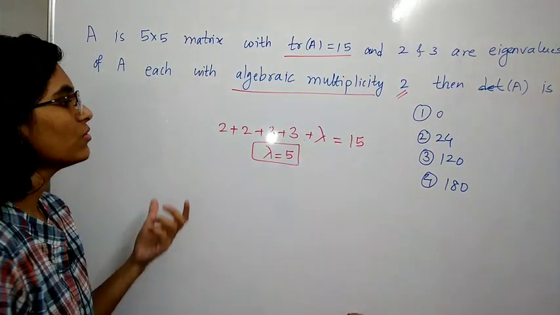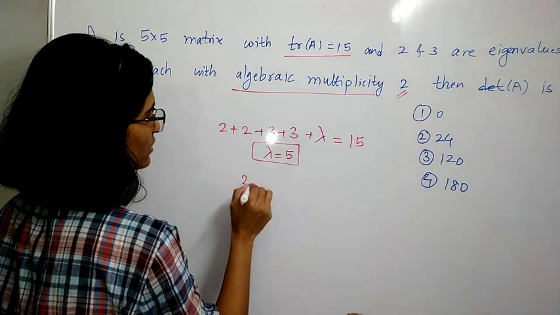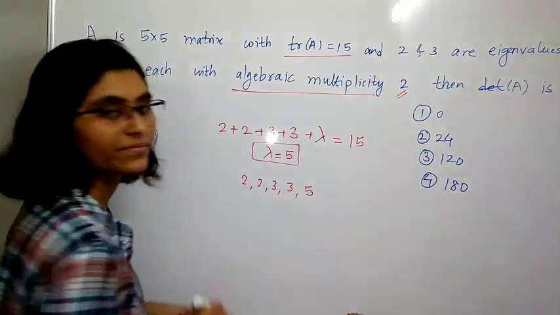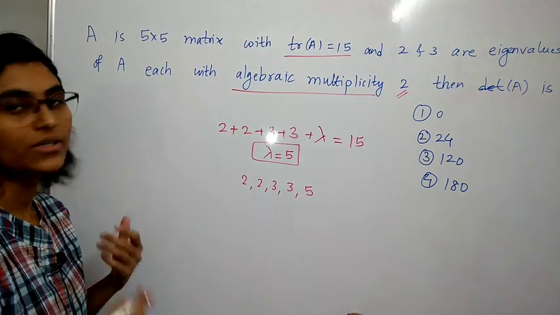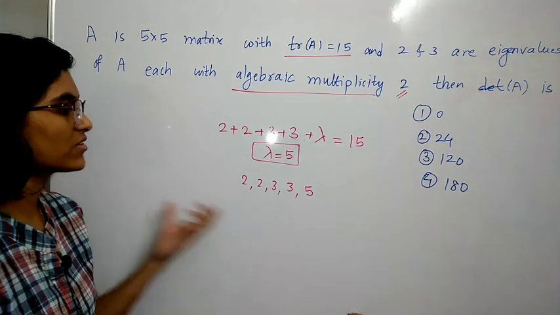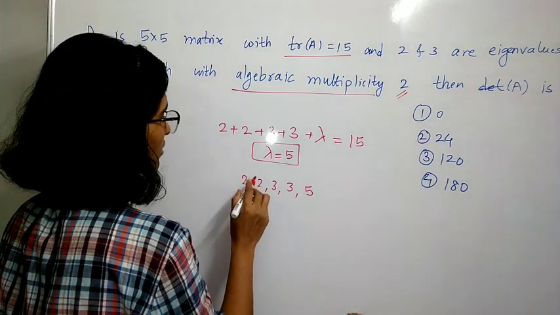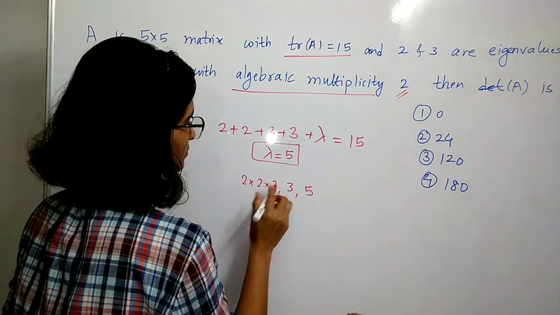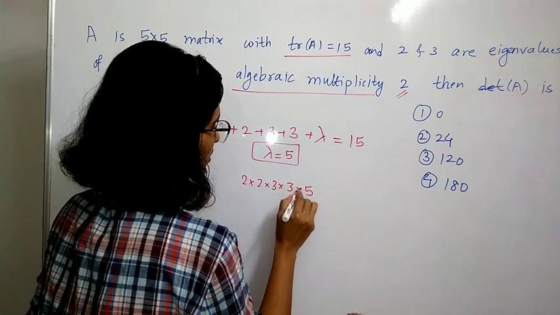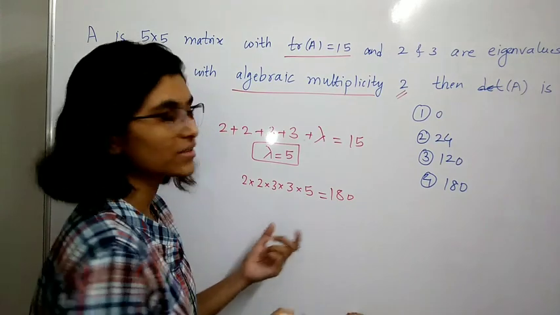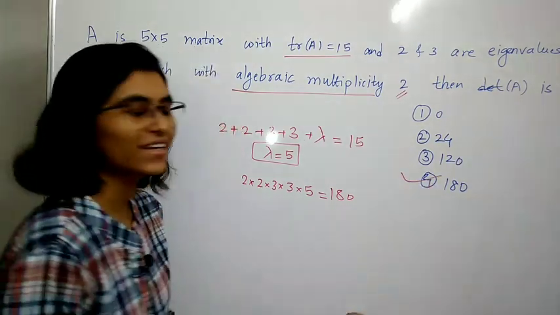So we have the eigenvalues 2, 2, 3, 3 and 5. Now what is the determinant? Determinant is just the product of all these eigenvalues. So taking the product, the determinant is equal to 180. So this fourth option is the correct option.